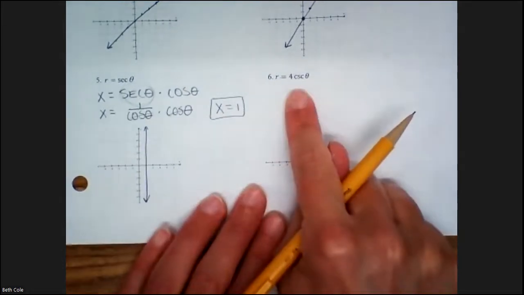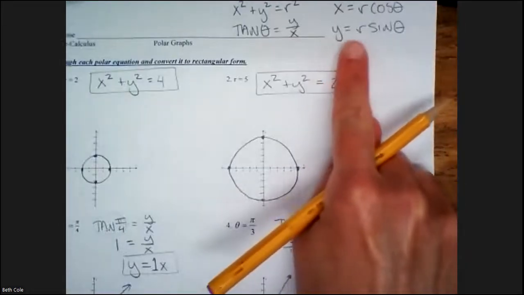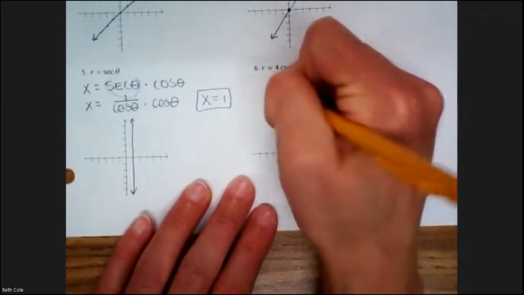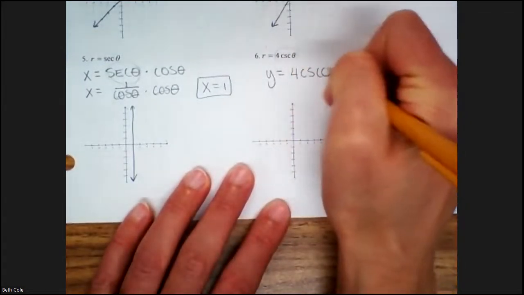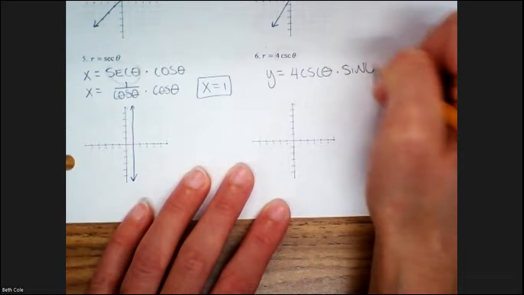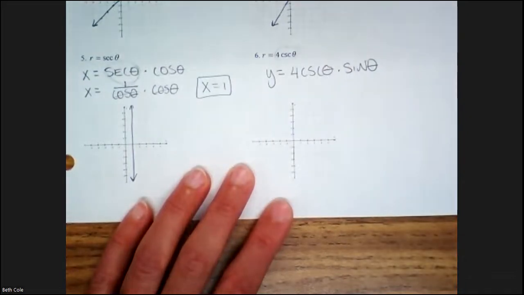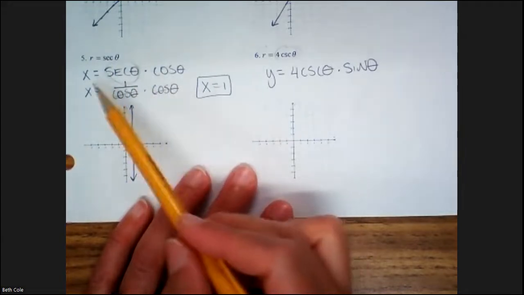So this one, we're going to do the same thing, but I'm going to use y equals r sine theta. So y equals r, which is this, times sine theta. And then where can we go from there? Because you want to do a similar thing to what we just did.